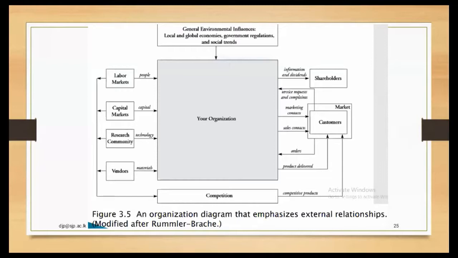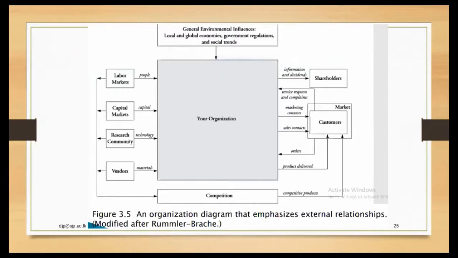If you are listed on the Colombo Stock Exchange, the company is owned by its shareholders. Annually these people get dividends and all other information with regard to the operation. They issue it through an annual report, and shareholders get it.